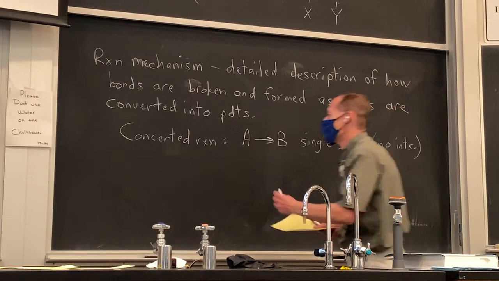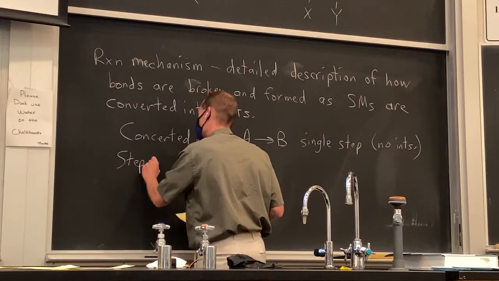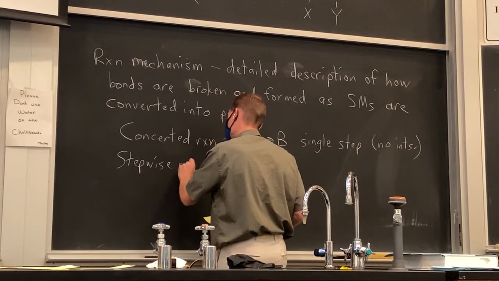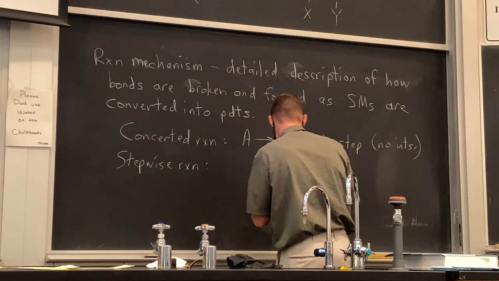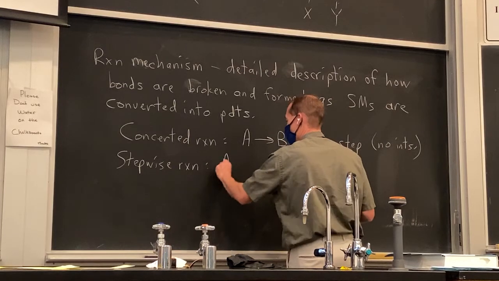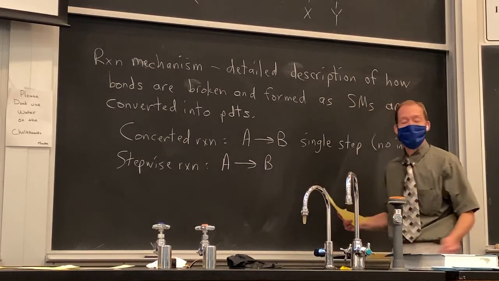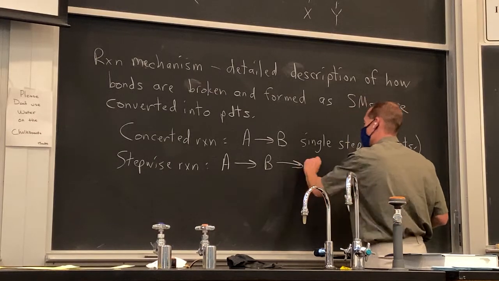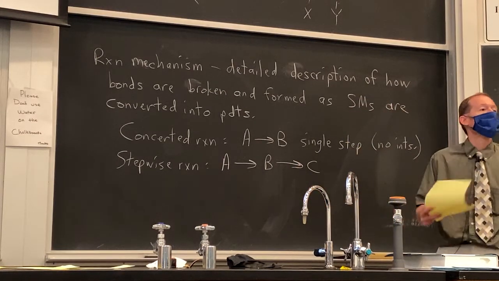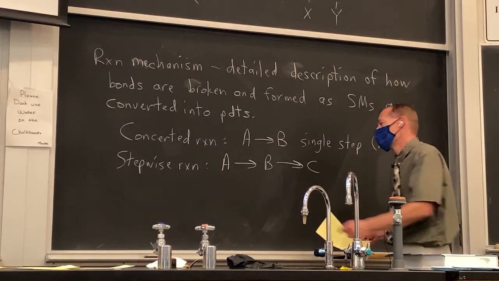And then you might imagine the other type of mechanism would be the stepwise reaction. So in a stepwise reaction, we are going to have our starting material or materials. We'll convert that into B, but then B is going to undergo further transformation, and then C is the final product that we're isolating from the reaction.